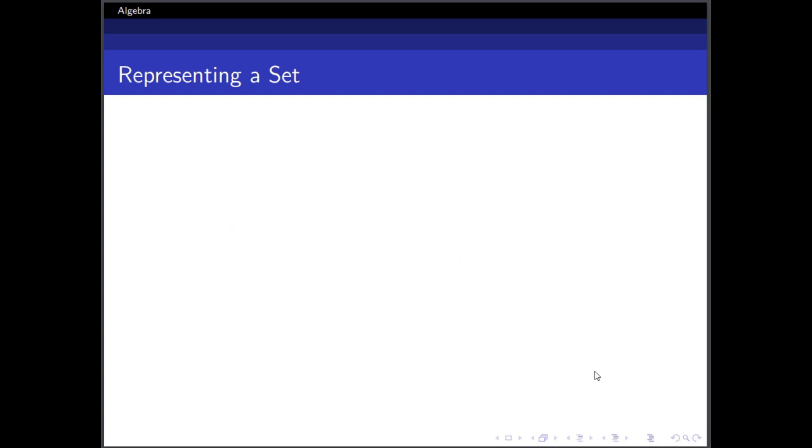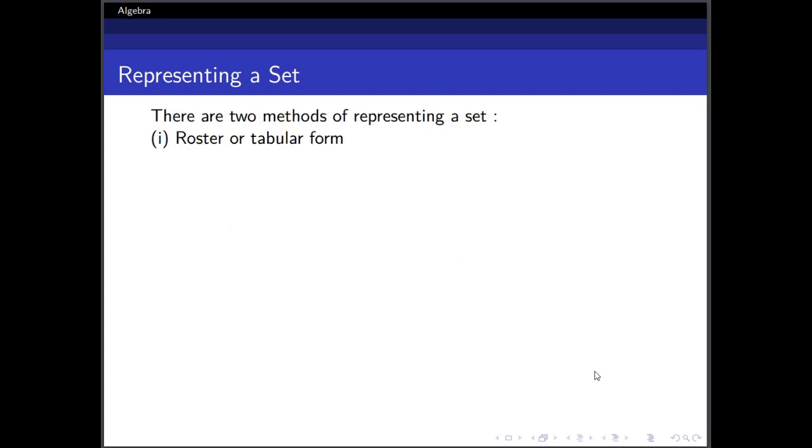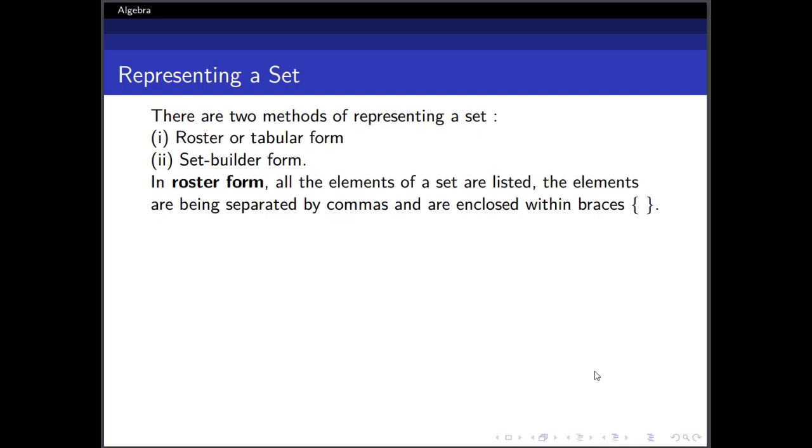Representation of sets. There are two methods of representing sets. First is roster or tabular form, and second is set builder form. In roster form, all the elements of a set are listed. The elements are separated by commas, and that list is enclosed within curly brackets.